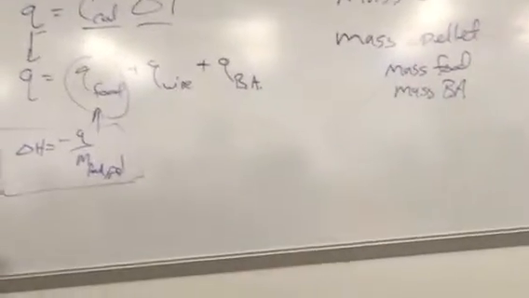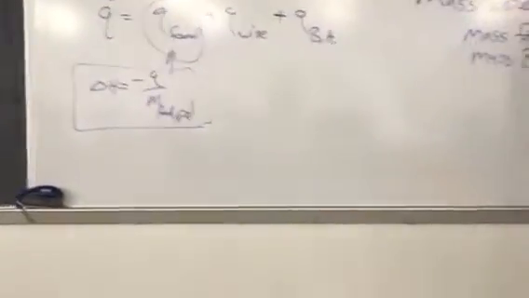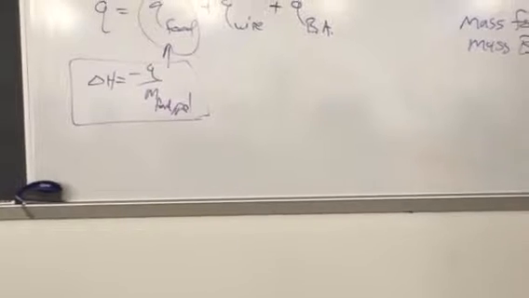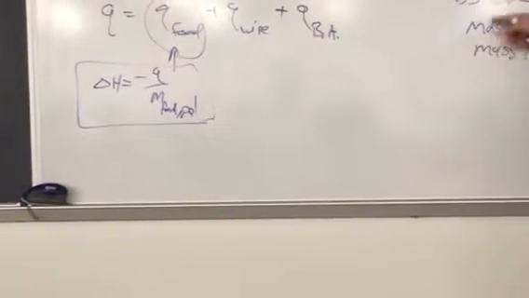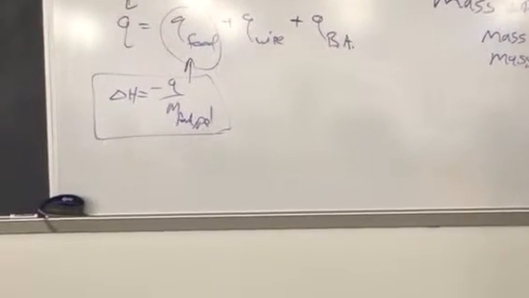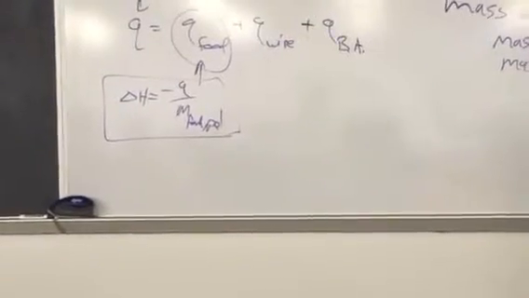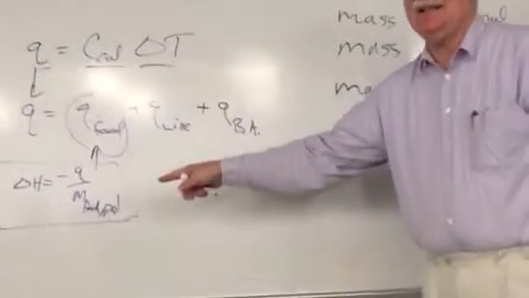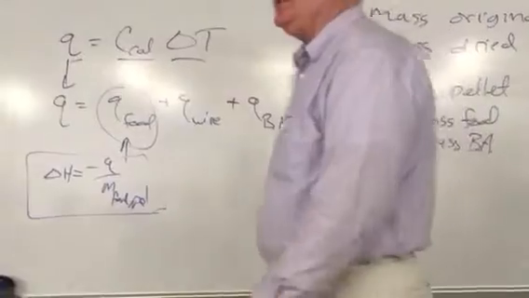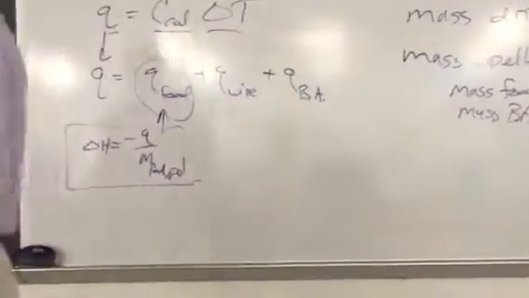Now, if you have only food in your pellet, no benzoic acid, that becomes the mass of the whole pellet. If you've got a mixture of benzoic acid and food, you use the actual mass of food in the pellet to get that. But this is dried ground food.